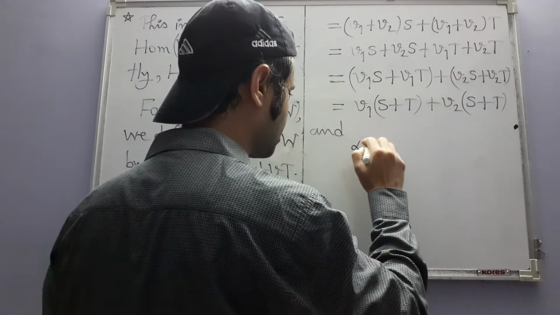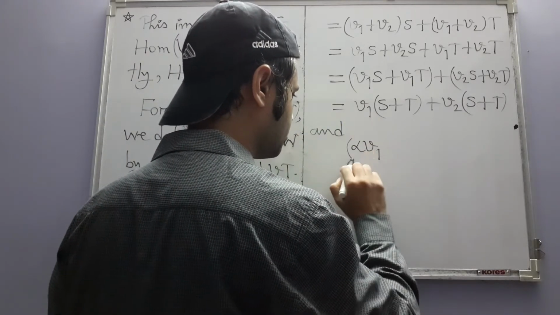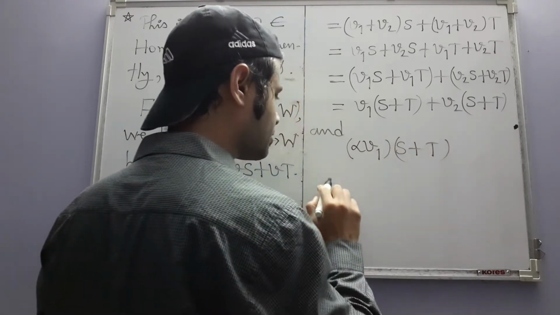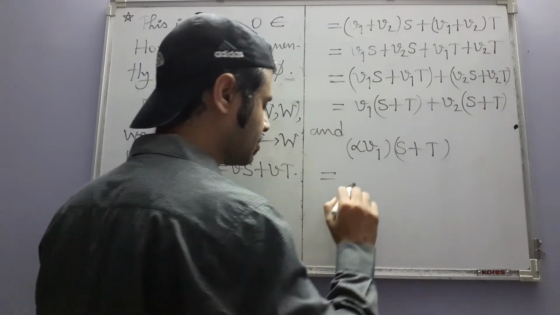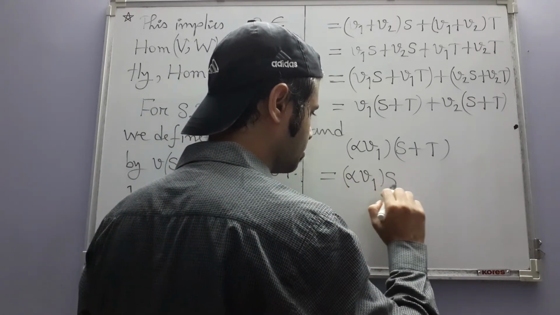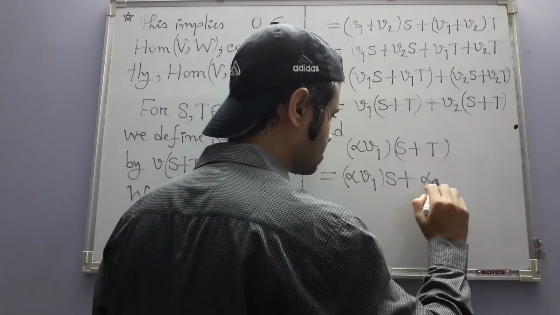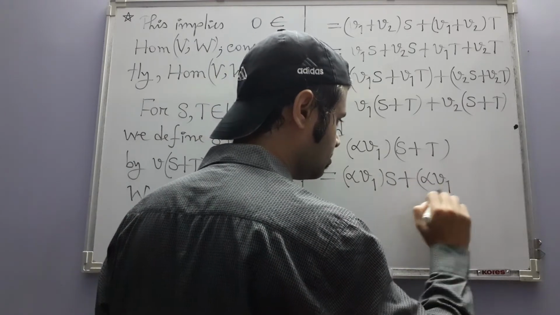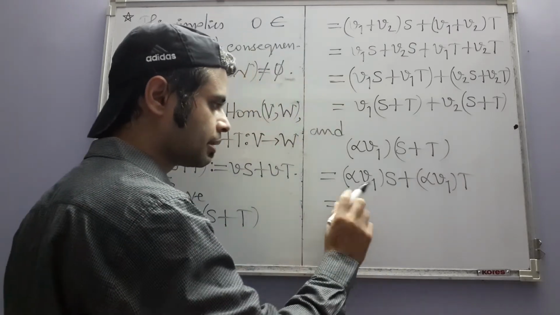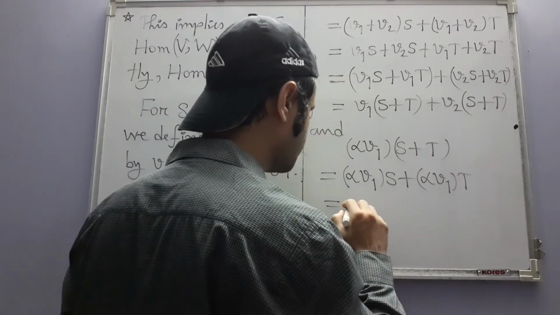And what about alpha v1 under S plus T? Again, first of all, we apply the definition of S plus T. So this is the S image of alpha v1 plus the T image of alpha v1. Then again use the fact that S and T are homomorphisms.